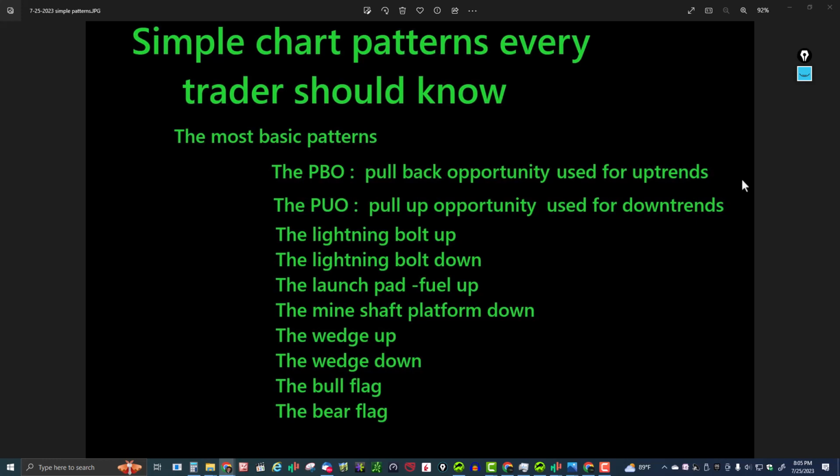They keep this momentum going for as long as the money keeps flowing into it. The same thing is used for downtrends. They drop, then bounce up just a little bit, then drop some more, and bounce up just a little bit again. Every time you get that little bounce up, that's a pull-up opportunity.